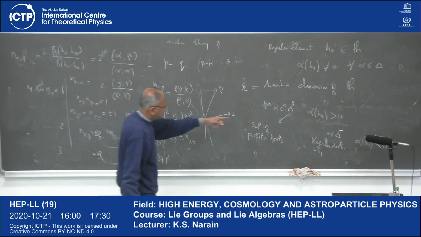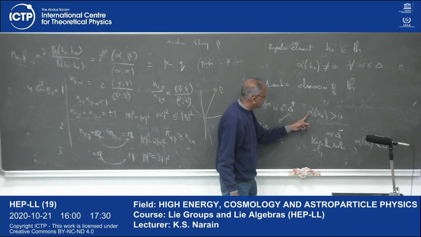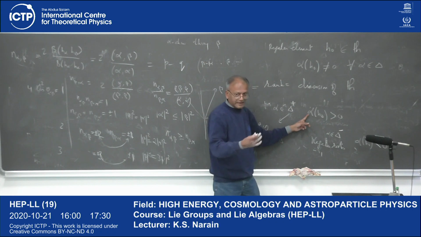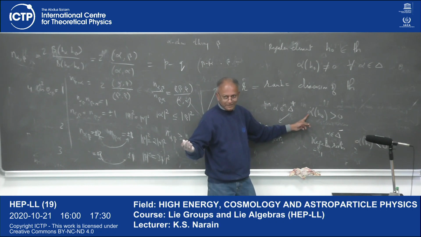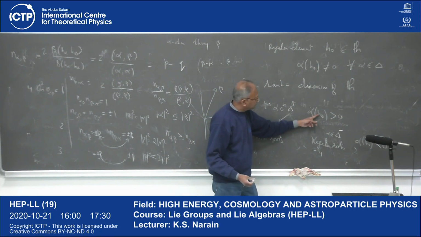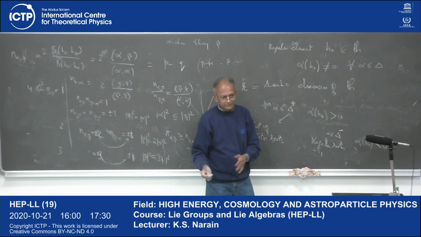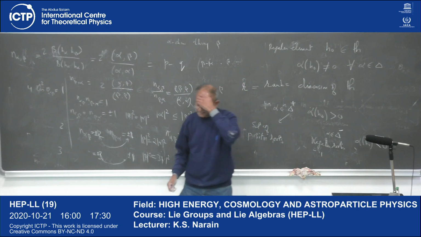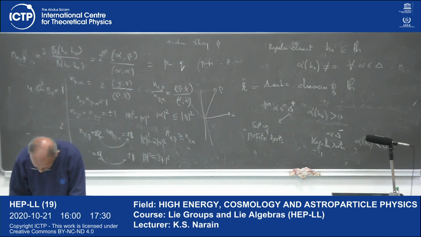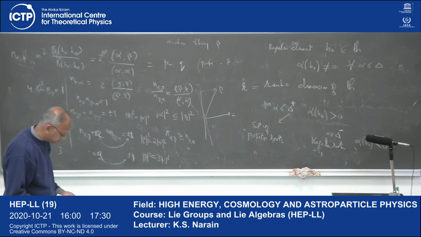In particular, if alpha happens to be a positive root, we know that for every alpha there is also minus alpha, right? So minus alpha will be in the negative set. Okay. Then, now another important definition.